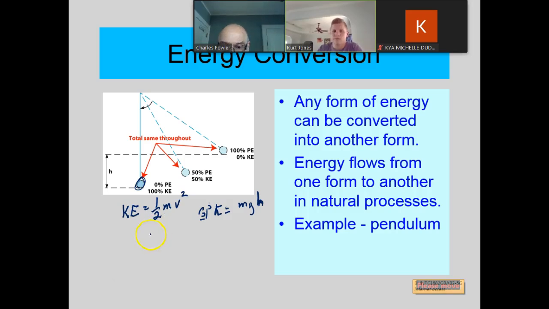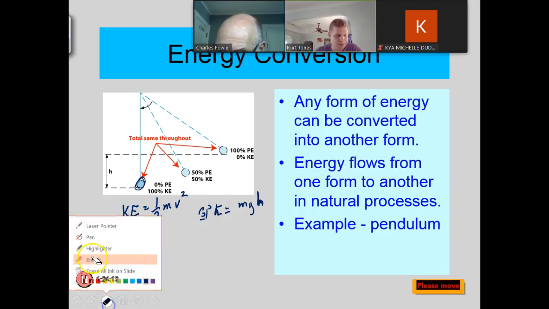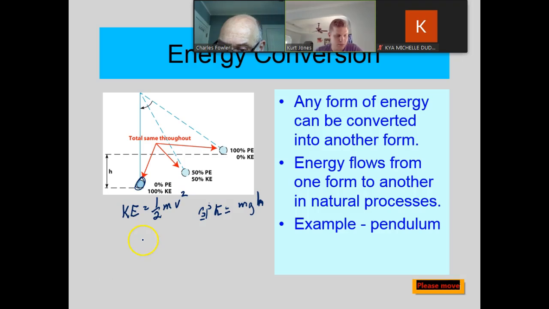So if you set these two equal to each other, and this is what they do on page 74 in the text, you have mgh. I don't know why they put it this way. I'm going to do it the way I was going to do it. They're backwards here, but it doesn't really matter. 1/2 mv squared is equal to mgh. Now this is 1/2 mv squared at the bottom, and this is mgh at the top.